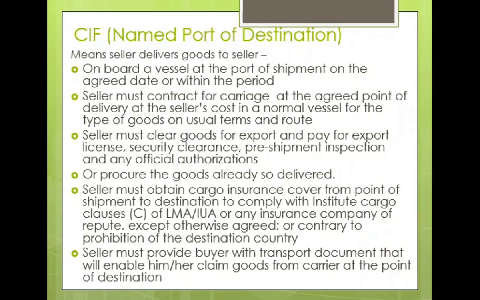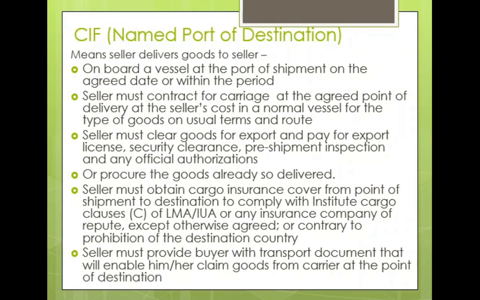Under CIF, seller must contract for carriage at the agreed point of delivery at the seller's cost in a normal vessel for type of goods on usual terms and route. Seller must clear goods for export and pay for export license, security clearance, pre-shipment inspection, and any official authorizations, or procure the goods already so delivered.